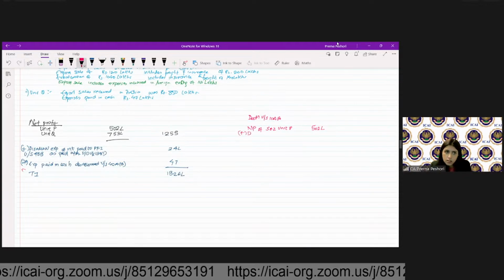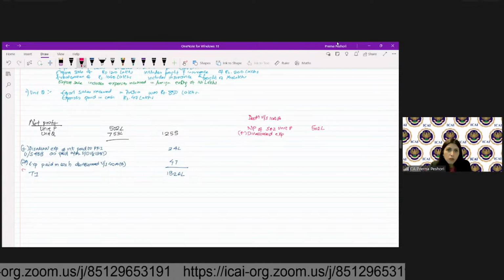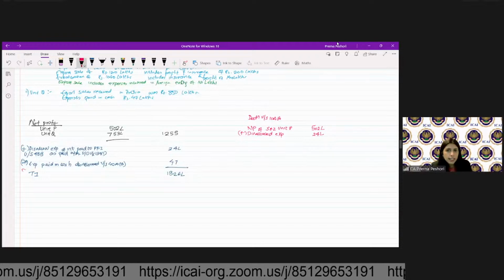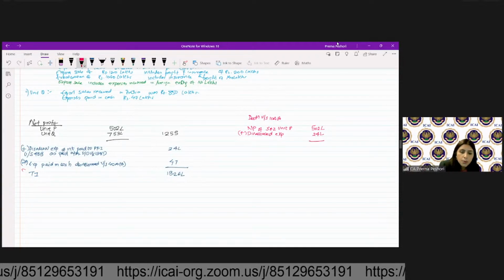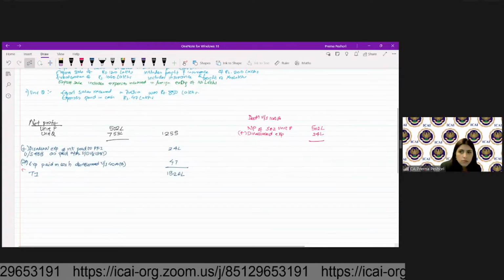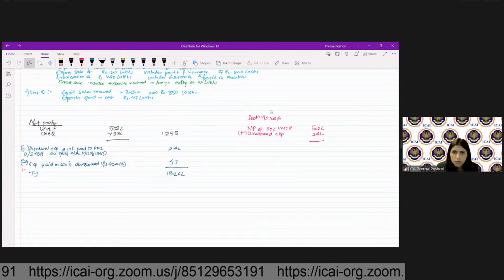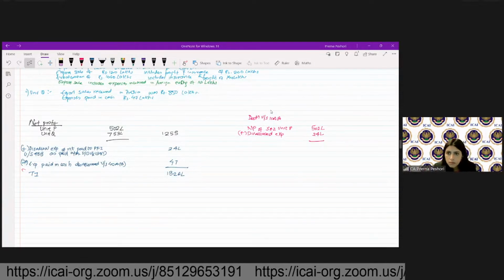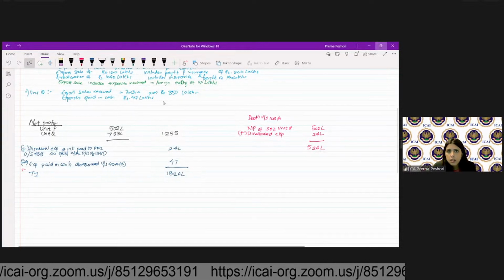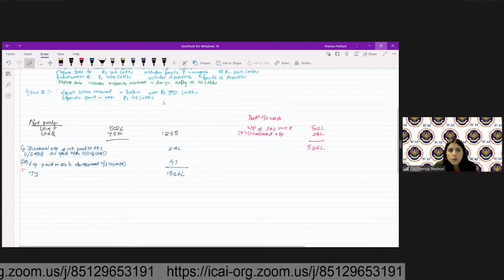So here we will consider the disallowed expenditure of rupees 24. Isn't it? So my enhanced income is what I will consider, 526 lakh.